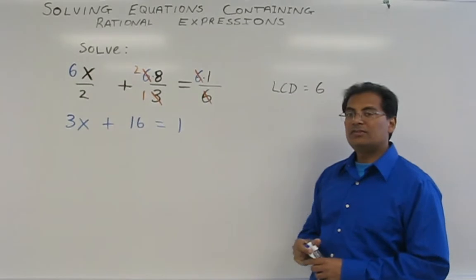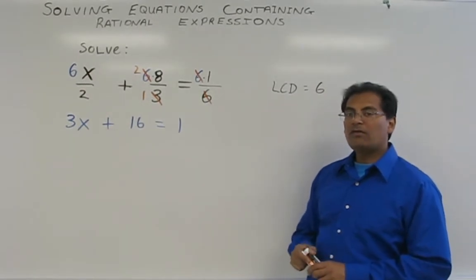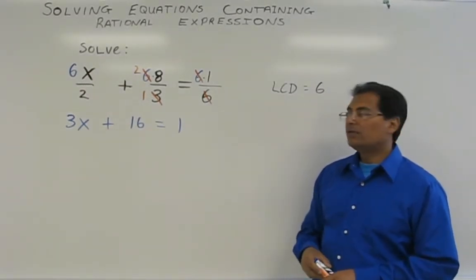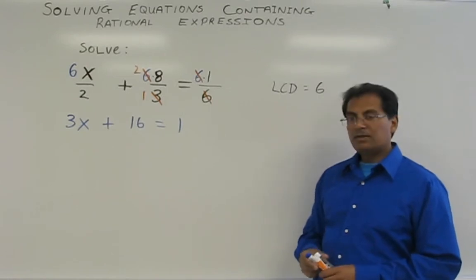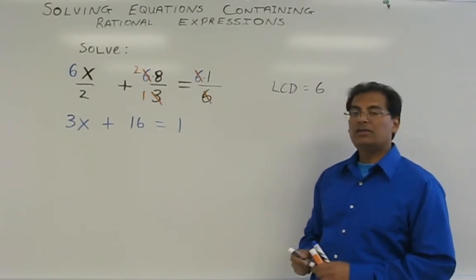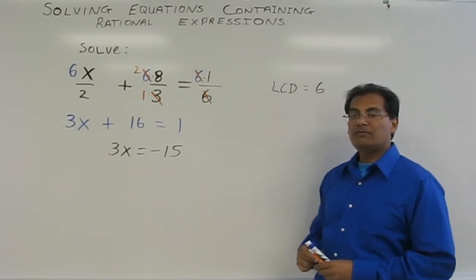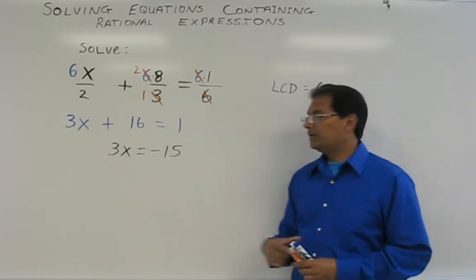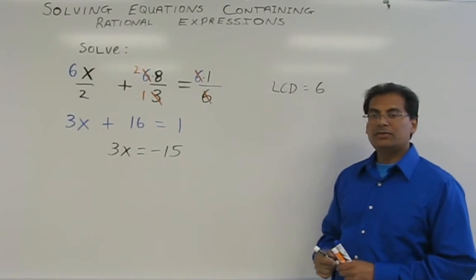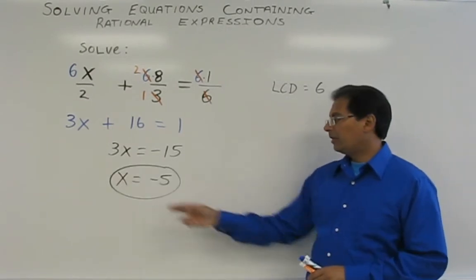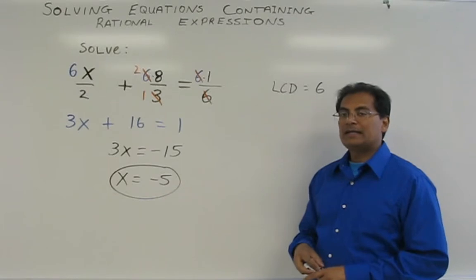So 3x plus 16 equals 1, and then we need to solve this for x, first by subtracting 16 from both sides. So we get 3x equal to negative 15, and then divide both sides by the 3 next to the x to get x equal to negative 5. So my solution is x equals negative 5.